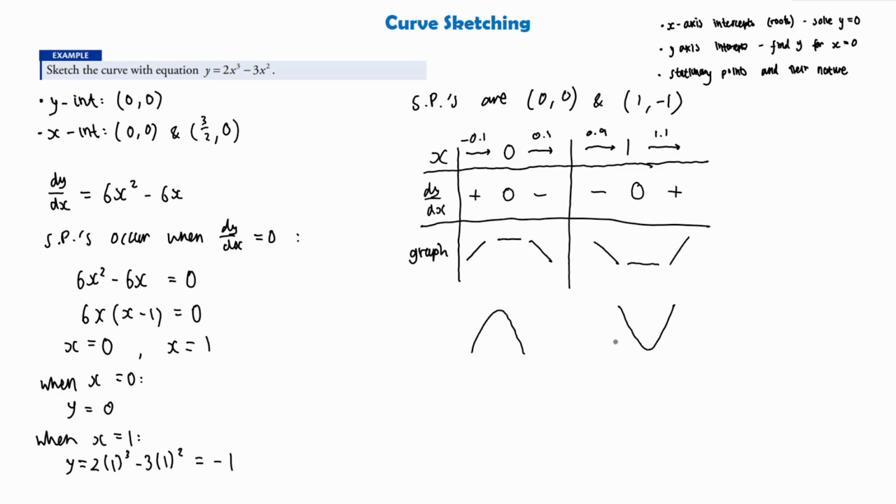So now that we've got these, we will simply say that 0, 0 is a maximum turning point.